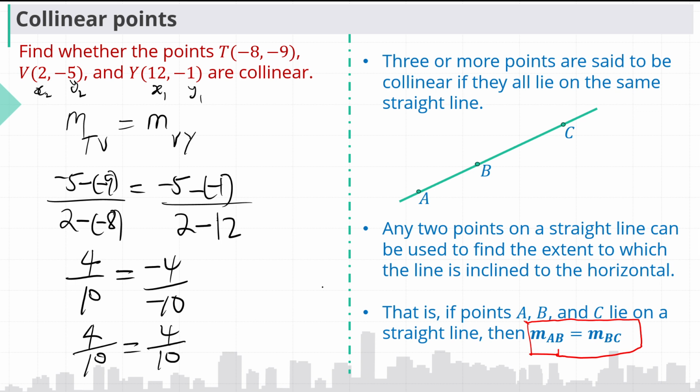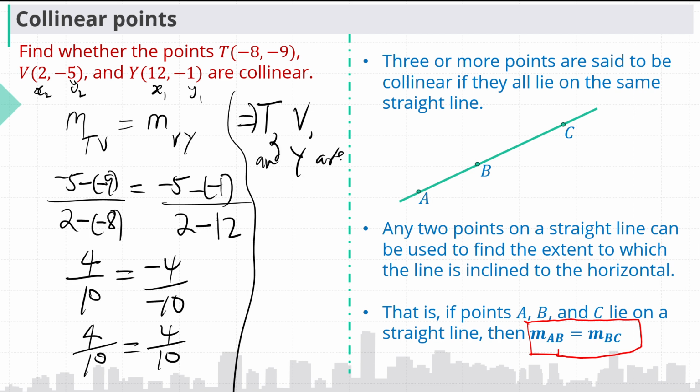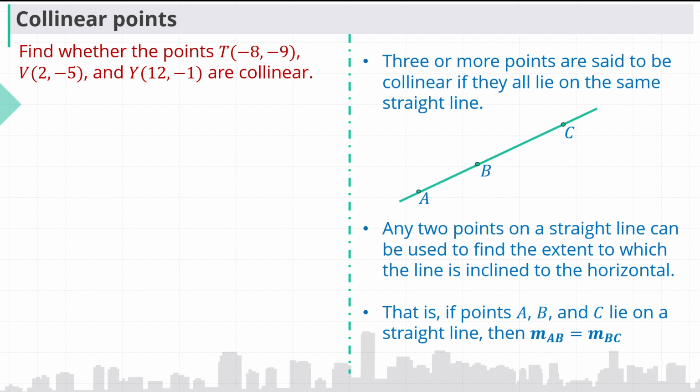Since both sides are the same, our definition is met. We see that left hand side equals right hand side. So it means that all the 3 points T, V and Y are collinear. That's to say they all lie on the same straight line.